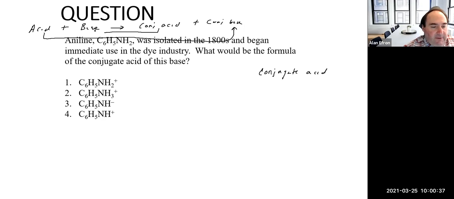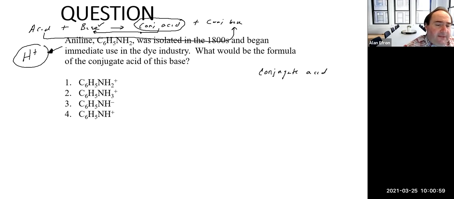The conjugate acid's partner would be the base. So if a problem asks for the conjugate acid, you could think backwards: these are bases. The one thing you know for sure is it's an H plus difference. The key that a lot of people struggle with is whether you should put it on or take it off.